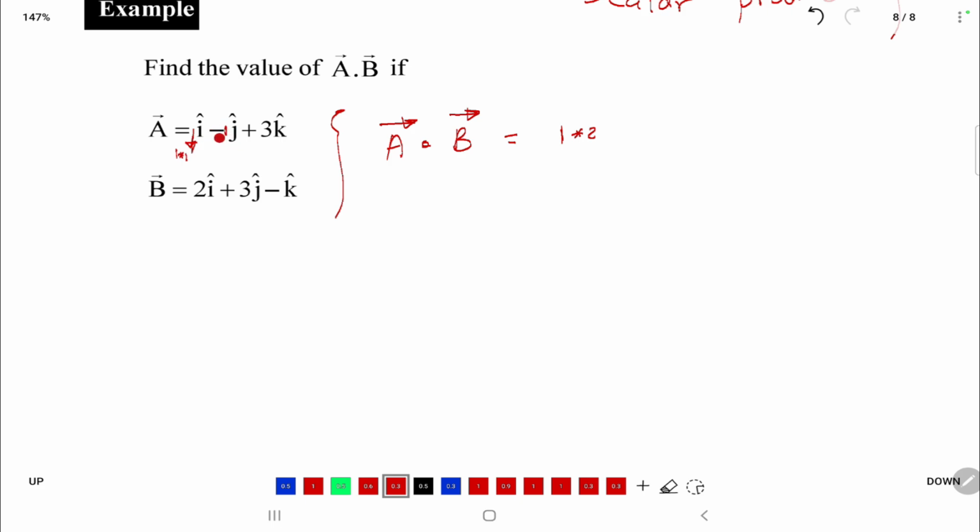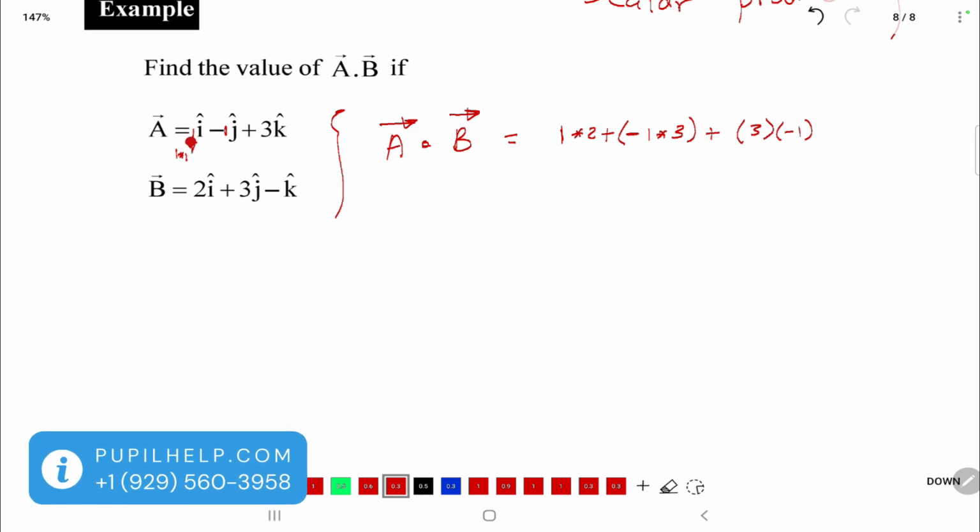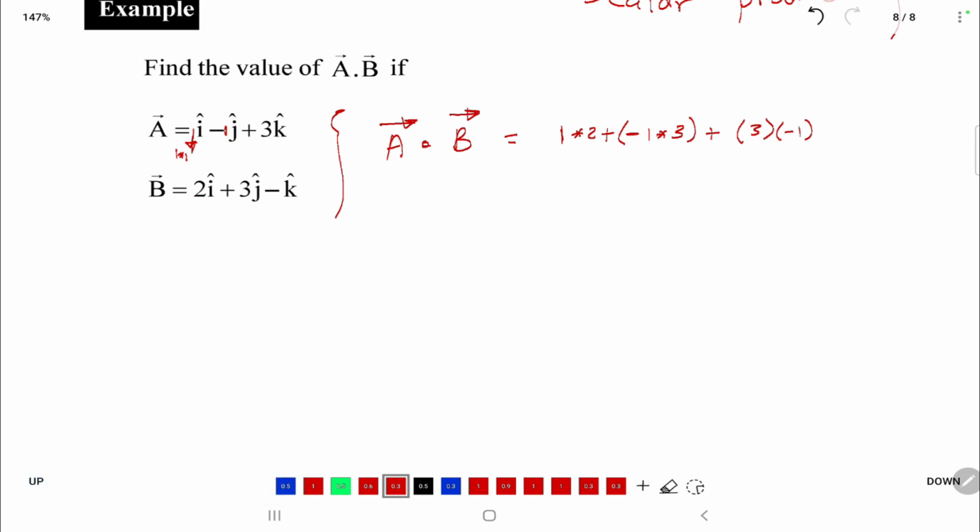Here the factor is minus 1, so minus 1 multiplied by 3, plus 3 multiplied by minus 1. So I multiply the factor, this one, by the corresponding one here. This is 1 for i, it will be multiplied by i's factor, so 1 multiplied by 2. Here it is minus 1 multiplied by 3. Here it is 3 multiplied by minus 1.